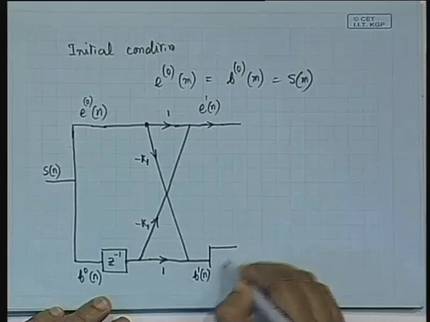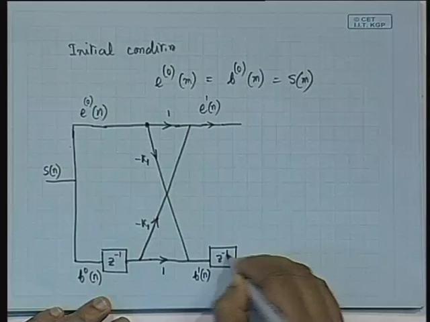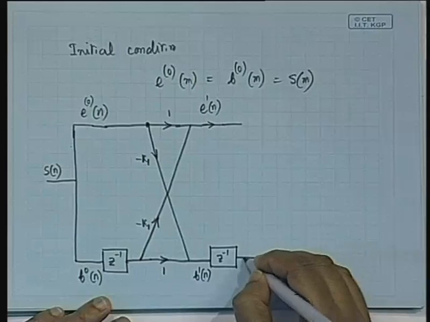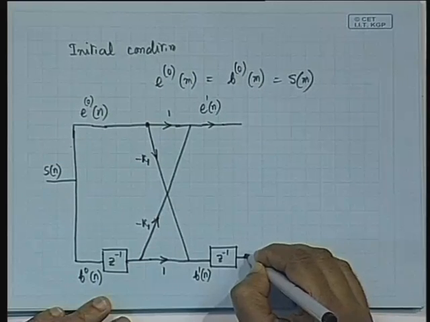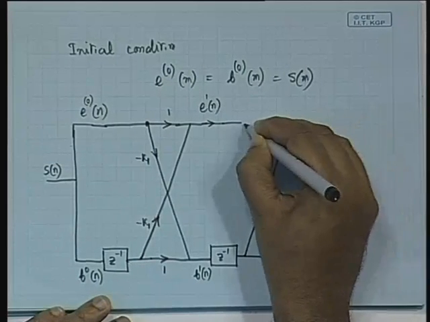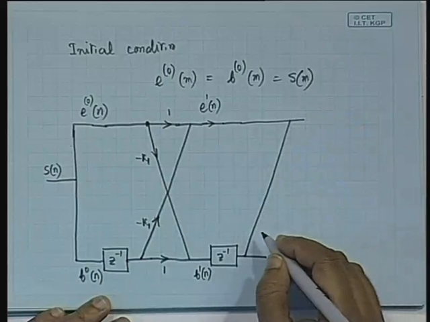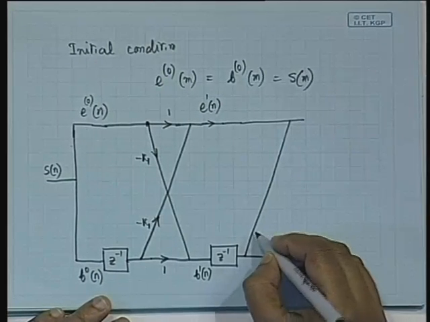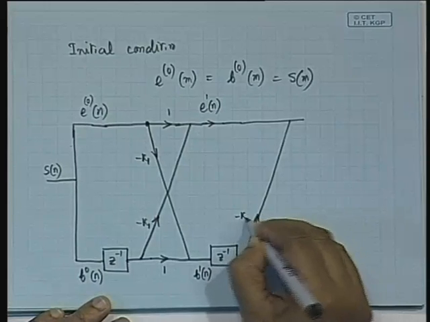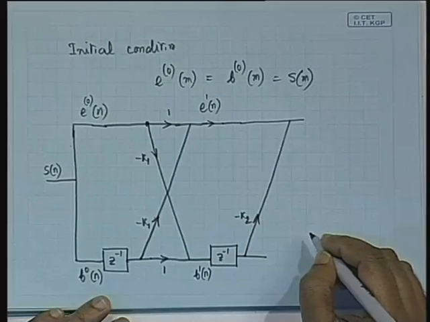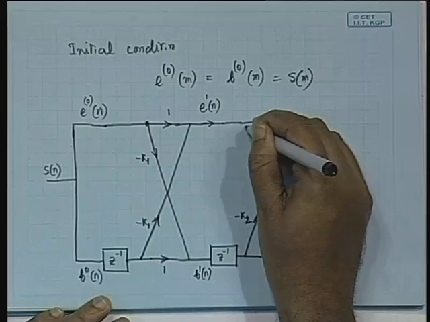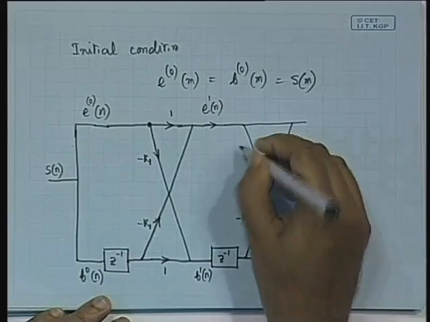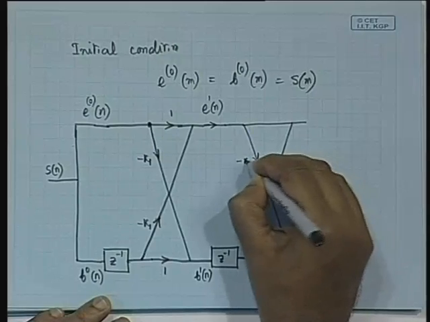Which means to say that now there will be another delay z to the power minus 1, okay, and in the next one again there will be a coefficient multiplication, but this time it will not be minus k1, instead we will be having minus k2. So, this will be a multiplication by minus k2, and very similarly there will be a multiplication by minus k2.